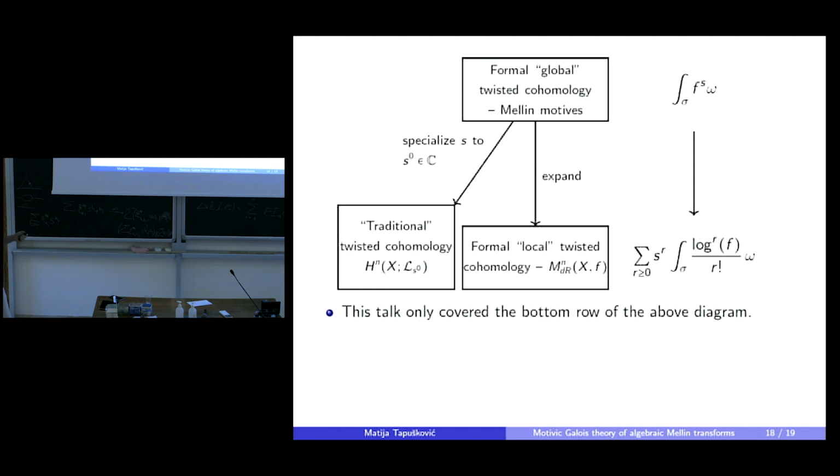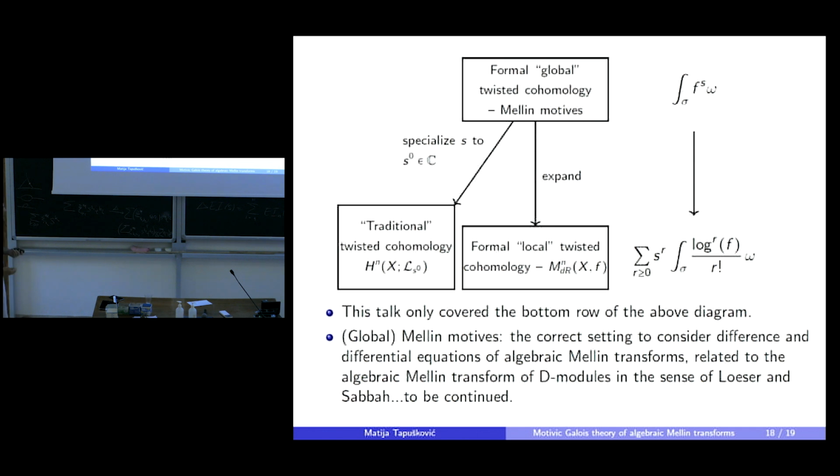So this is really how these 2 are both sort of shadows of something that sits above them. And this is not a part of this discussion, but it's a very interesting thing to study, these global Mellin motives. They're global in this sense that they're not expansions. These are the correct setting to consider difference equations of algebraic Mellin transforms.